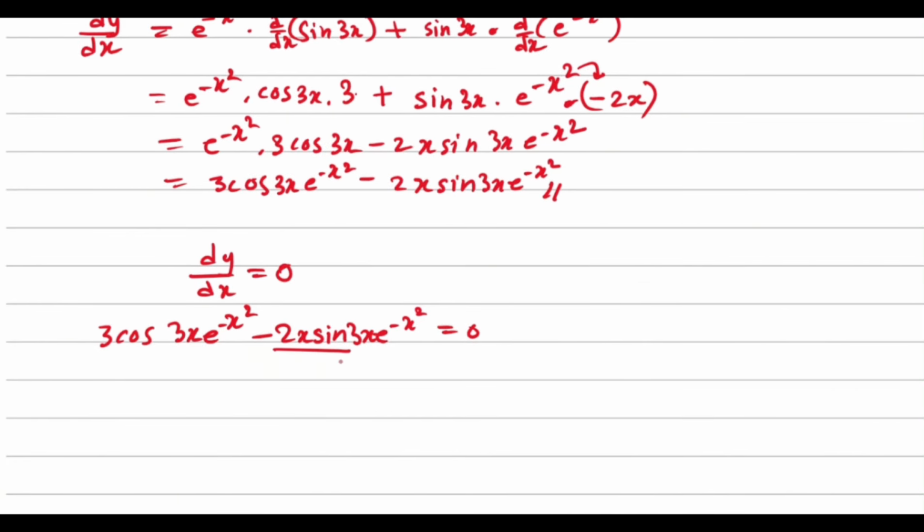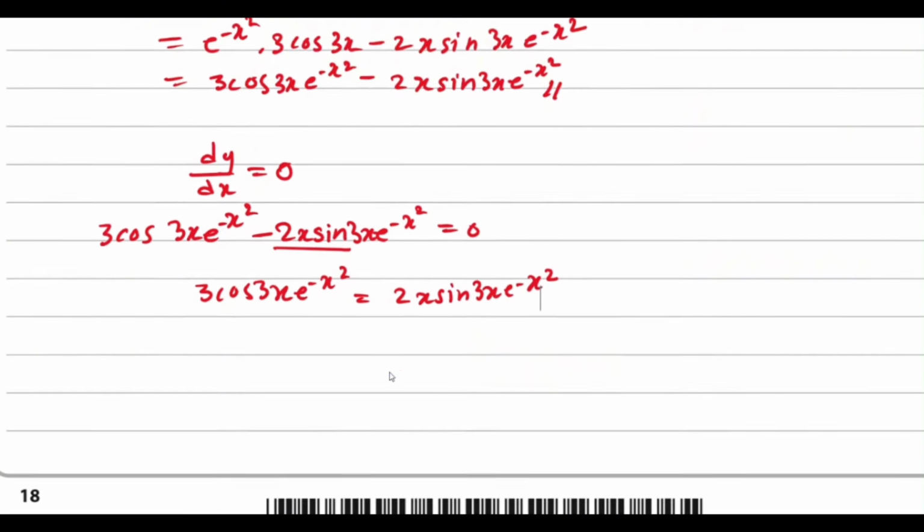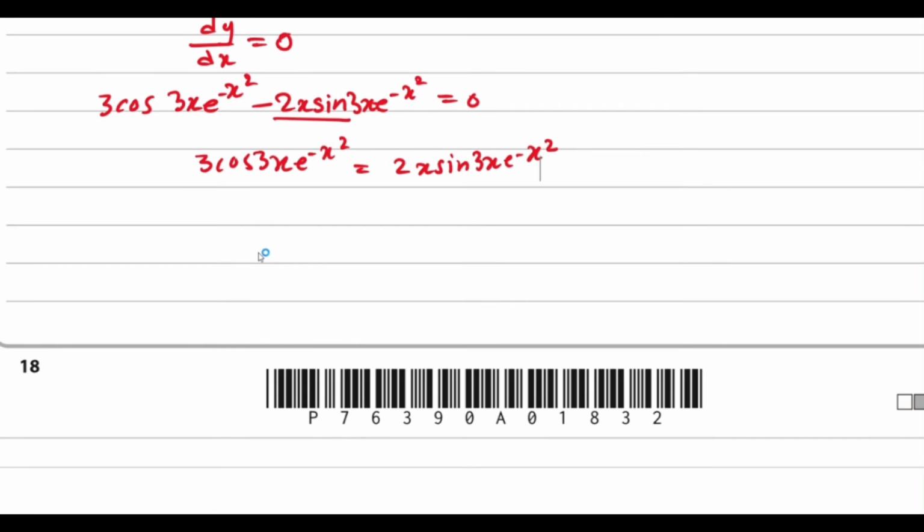Now we can move this term to that side. So 3 cos 3x e to the power of minus x square is equal to 2x sine 3x e to the power of minus x square. Now if we can simplify further, we can see that we have e to the power of minus x square on both sides.